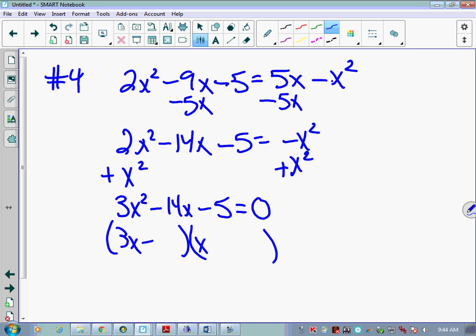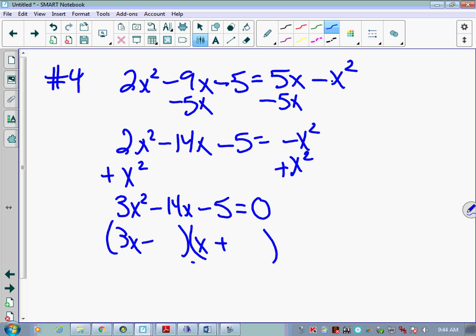You keep kind of making the same mistake. I'm going to end up having to multiply these outside terms, right? And it's going to have to equal -5. What's the only way in which I can multiply two things and get a negative? I have to have a positive and a negative.